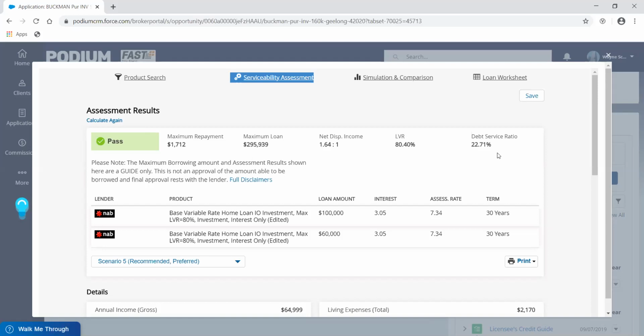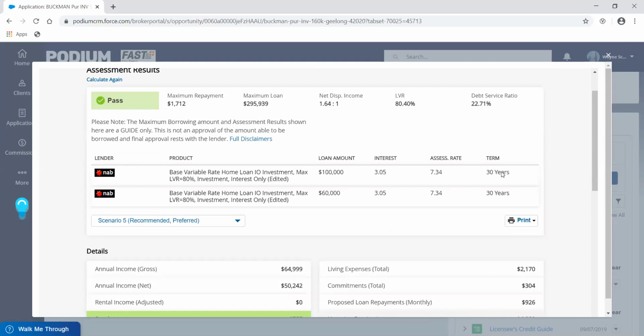Net disposable income, debt service ratio, it's all there for us. We've got our print options there as a PDF and DocX. The summary PDF is probably the one that's more commonly, if not all the time, printed off. Comprehensive goes into multiple and really detailed layers of analysis, so it is generally not required for the purposes of approving serviceability.